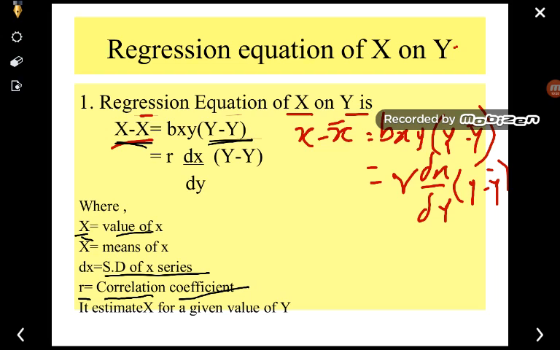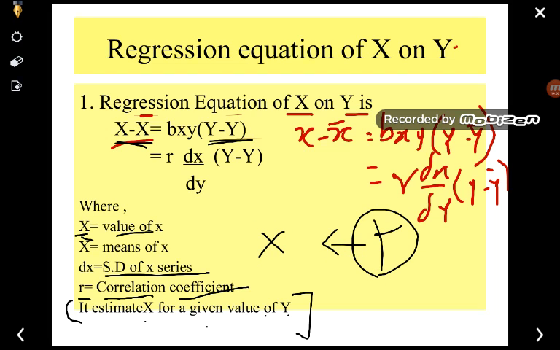So this equation estimates x for a given value of y. If a certain value of y is given, we can determine x from this data. While the y value is already given, we have to estimate x.